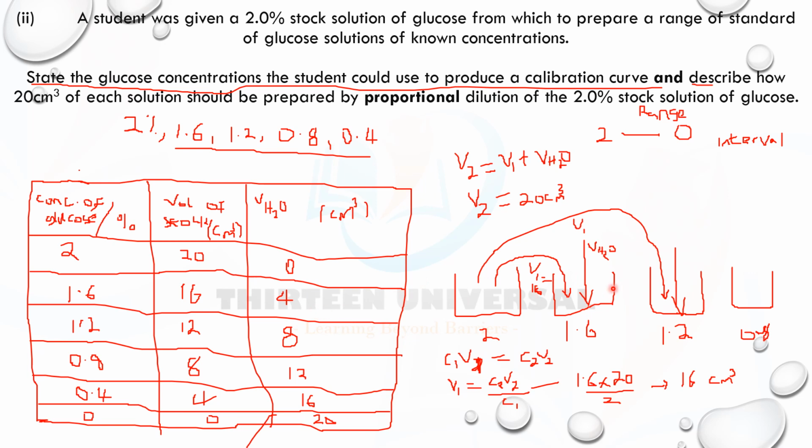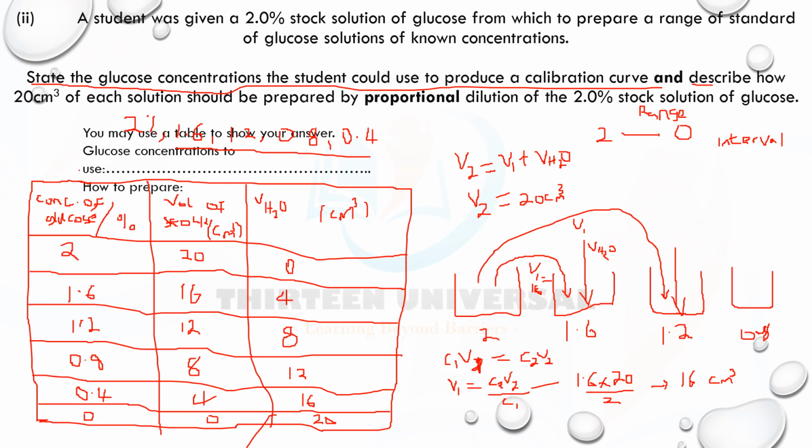We have done this, guys. You can replay this video, but let's see the answers. You may use the table for concentration. These are concentrations for the first question: 2%, 1.6, 1.2, 0.8, 0.4. Pardon me, I want to clean this up.